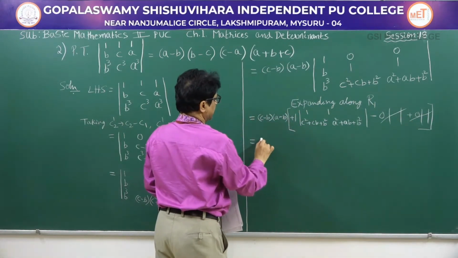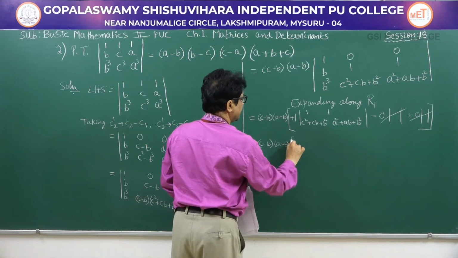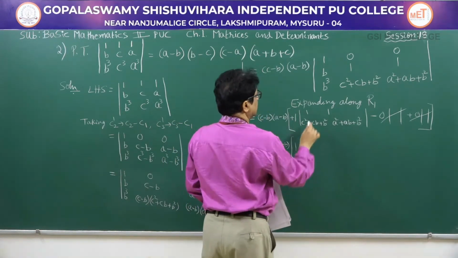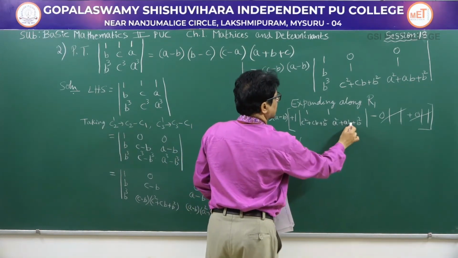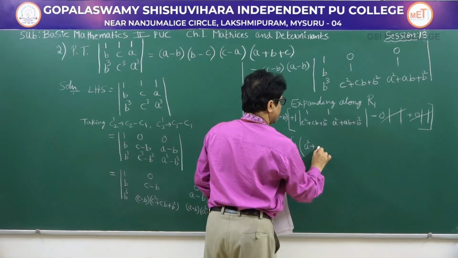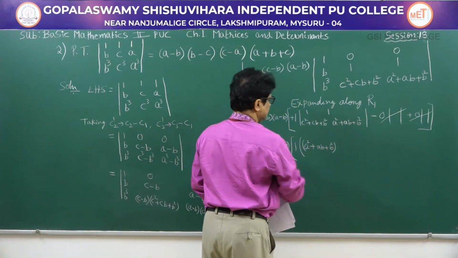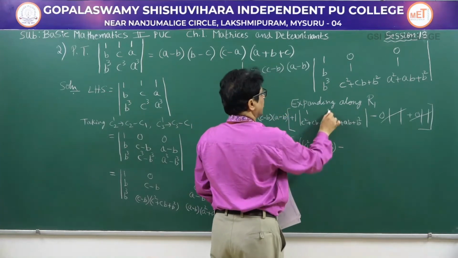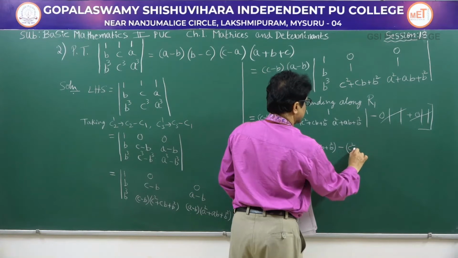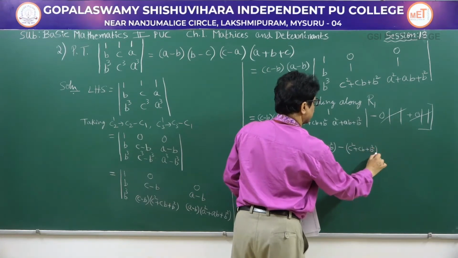So that will be equal to c minus b into a minus b into 1 into a square plus ab plus b square, minus 1 into c square plus cb plus b square.